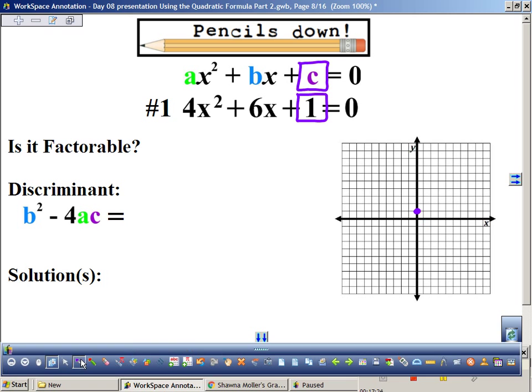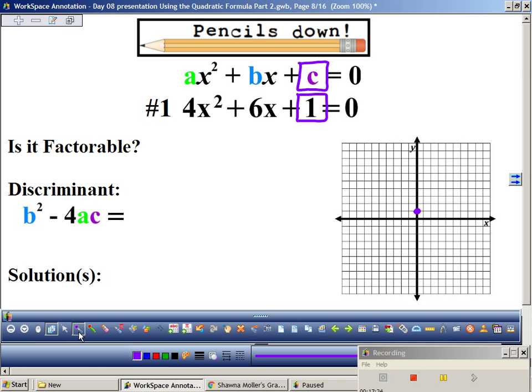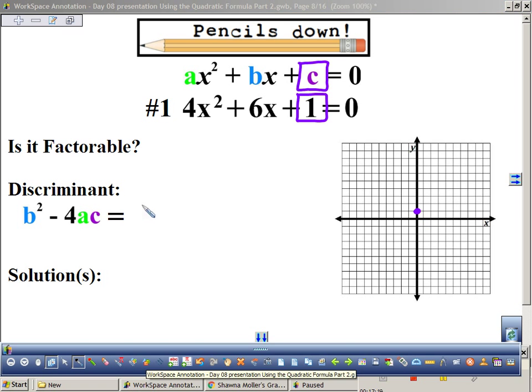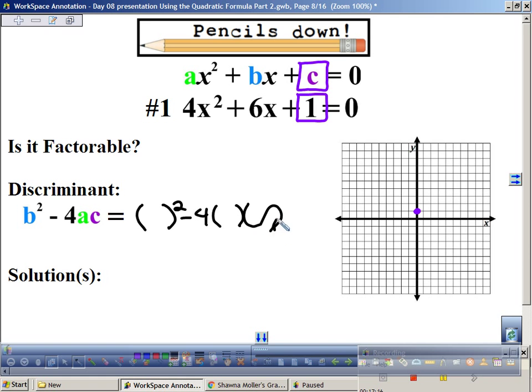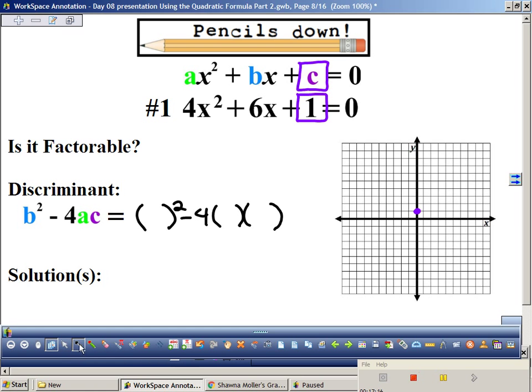All right, let's talk about the discriminant. So I've got b squared minus 4ac. Why do I hear so much movement behind me? I shouldn't hear anything. You should have pencils down, right, Tristan?